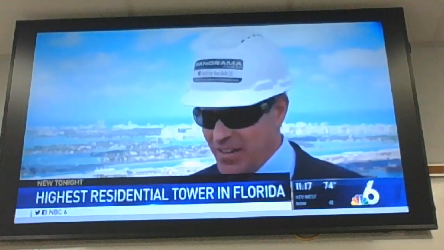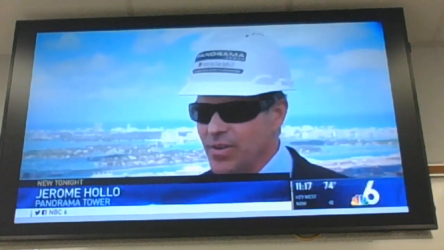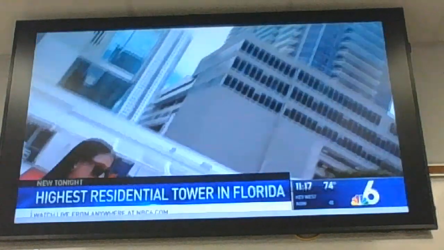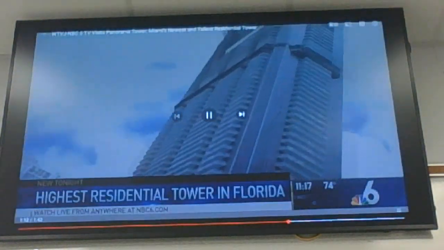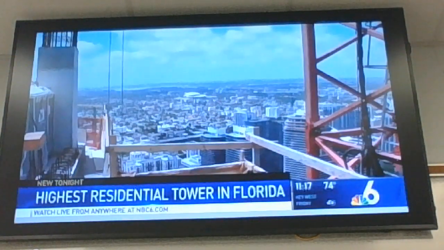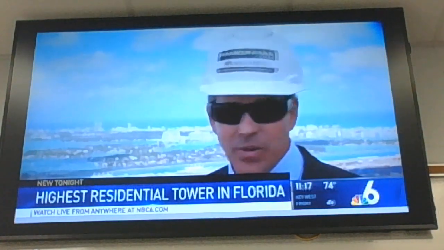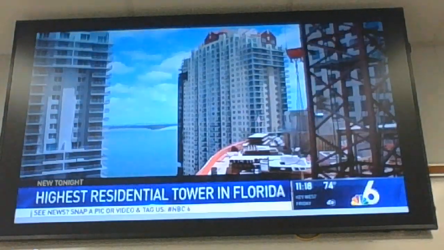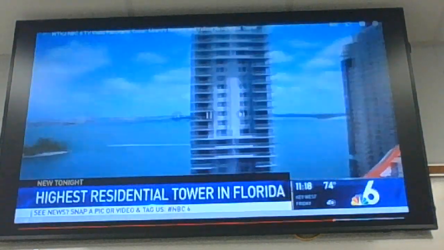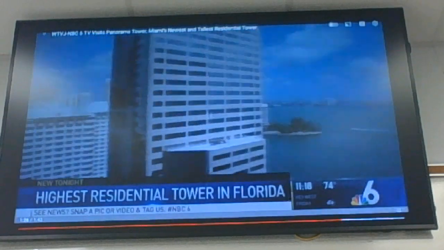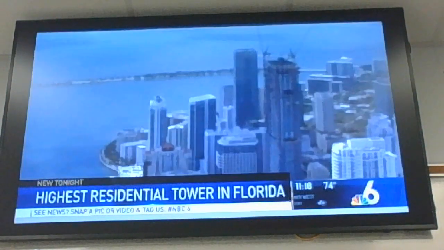It takes so long, these projects, 7 years, and every milestone is such a relief. Developers for the luxury rental tower on Brickell Bay Drive say they're on track for October completion. And next thing we do, we've got to open it up and invite all the residents to come in, and then we'll have the best residential property in the city. 3 restaurants, 3 private theaters, and a pool deck overlooking the city and bay, 22 floors up.